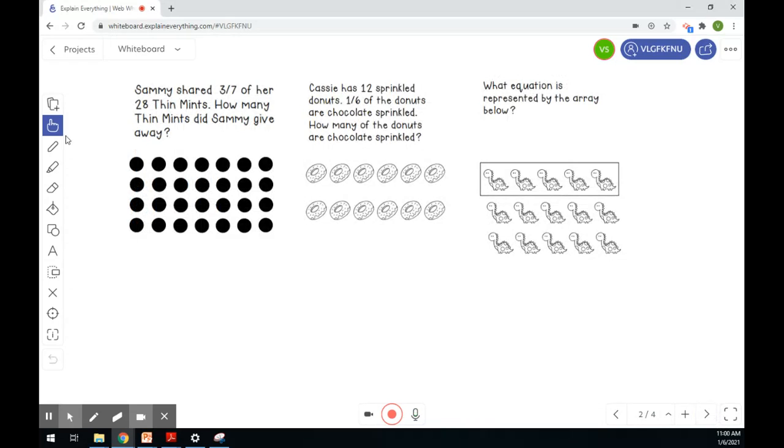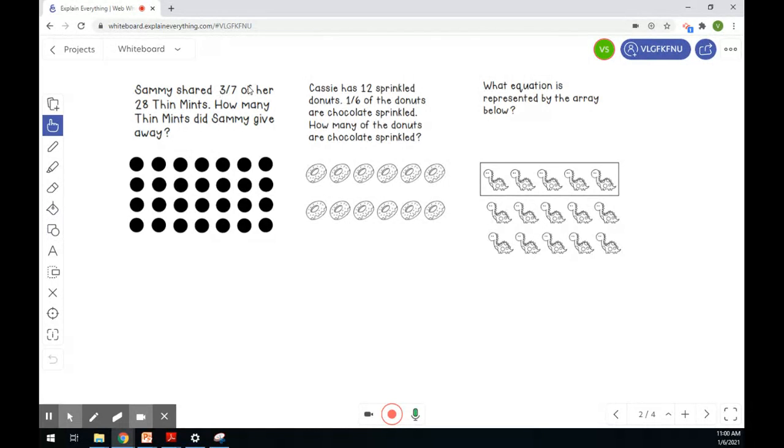All right. So let me show you an example. Sammy shared 3/7 of her 28 Thin Mints. So the 28 represents my objects. I have 28 objects. My denominator is 7. That means I'm going to create 7 columns.